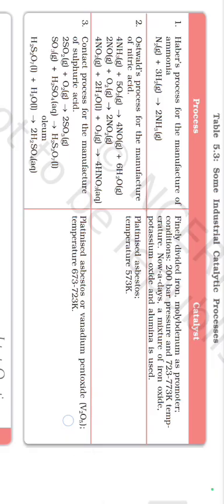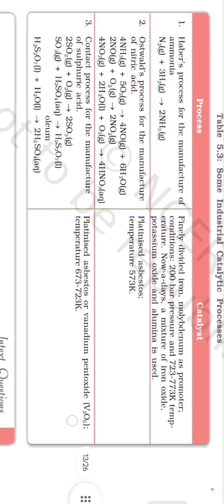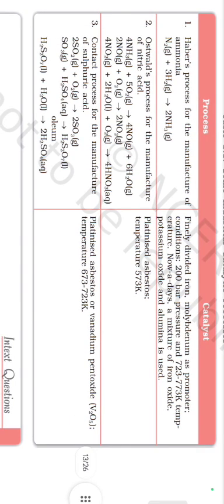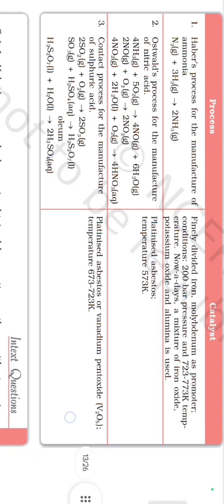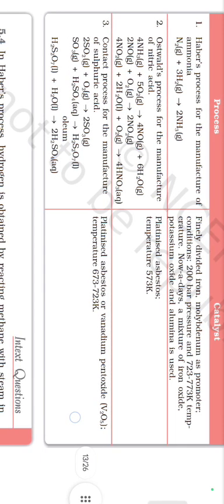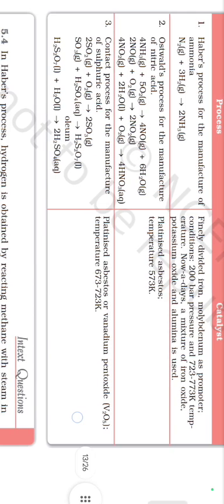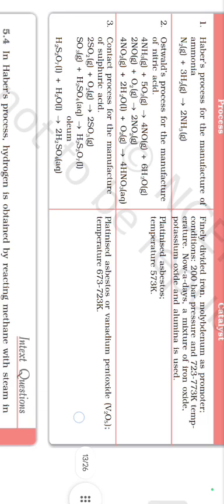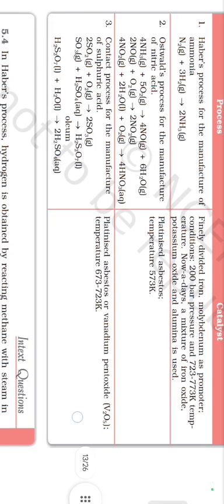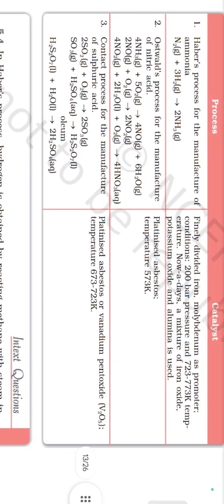First, Haber's process for the manufacture of ammonia: N2 gas plus 3H2 gas gives 2NH3 gas. Catalyst, finely divided iron, molybdenum as promoter; conditions 200 bar pressure and 723 to 773 Kelvin temperature. Nowadays, a mixture of iron oxide, potassium oxide and alumina is used.